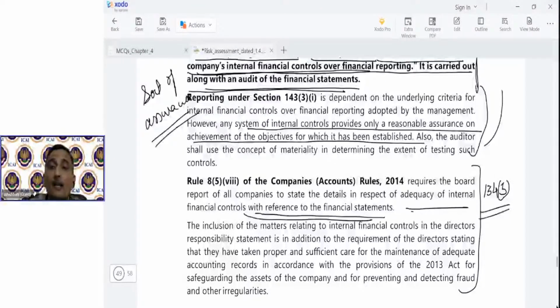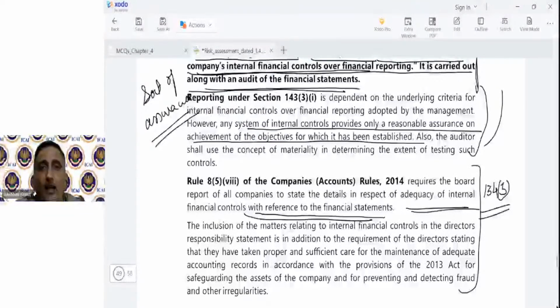First, the management has to state that there is an adequacy of internal financial controls with reference to financial statements, and the auditor has in fact to evaluate whether the internal financial control system is in place, is working, and to comment upon the operating effectiveness of the internal financial controls.